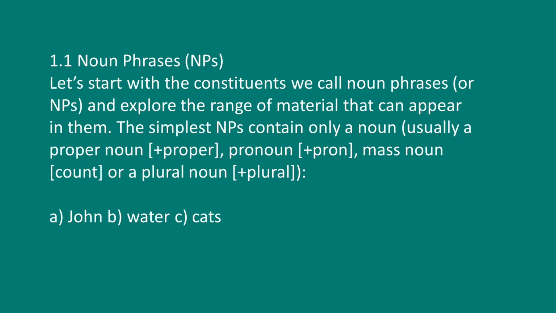Let's start with the constituents we call noun phrases or NPs and explore the range of material that can appear in them. The simplest NPs contain only a noun: usually a proper noun, a pronoun, a mass noun, or a count or plural noun. A. John, B. Water, C. Cats.